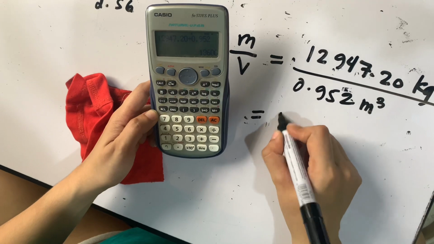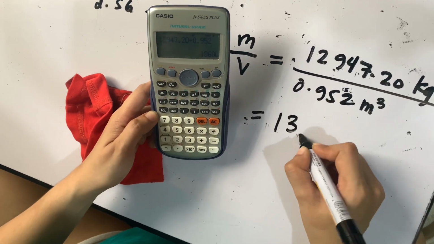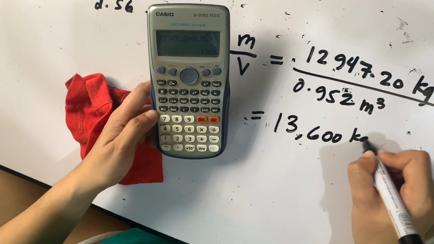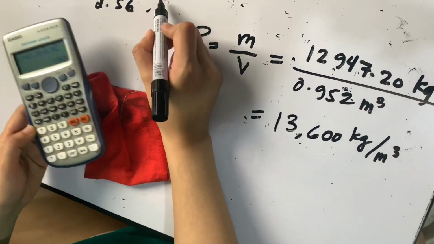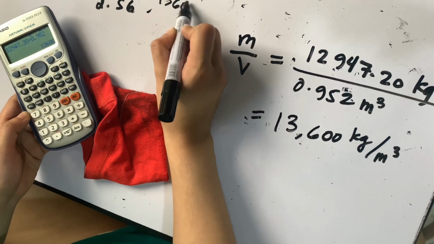The answer for that is 13,600 kilograms per cubic meter.